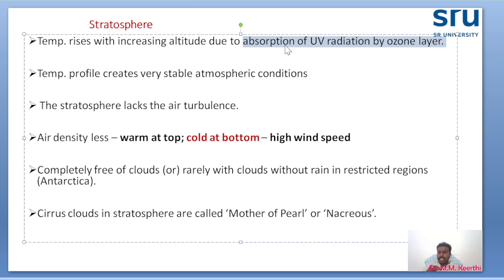So what does this mean in the stratosphere region? The top region becomes warm because the air density is less. The bottom layer is cold because of the high wind speed. Here it is completely free of clouds, or rarely has clouds, and there is no rain in this region. Cirrus clouds in the stratosphere are called mother-of-pearl, or nacreous, clouds.